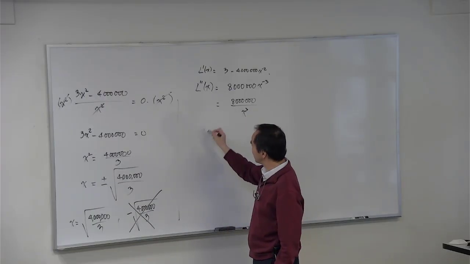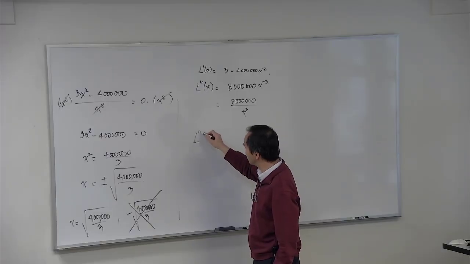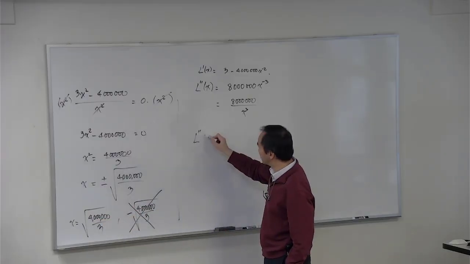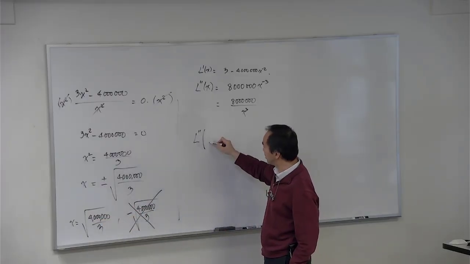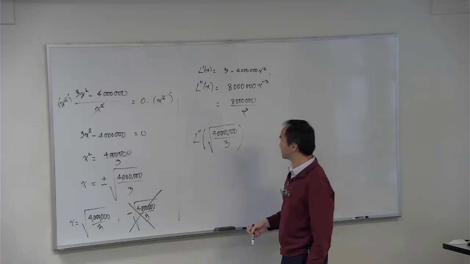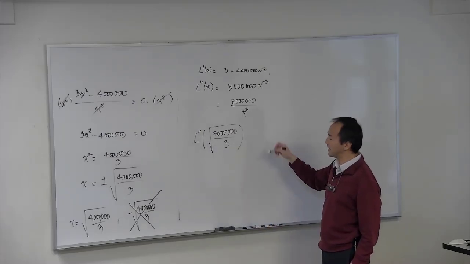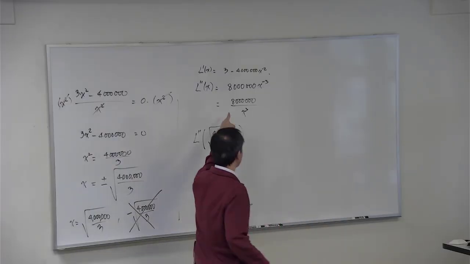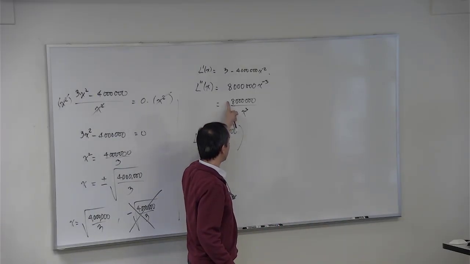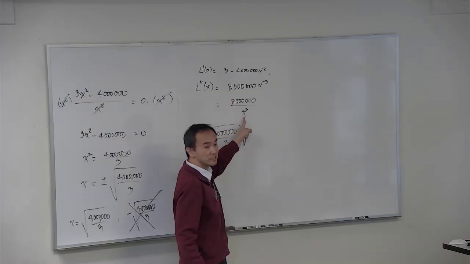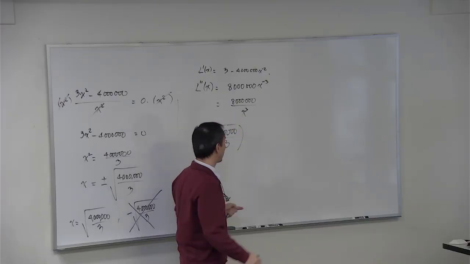So now I'm going to substitute x equals the positive square root of 4 millions over 3 into L double prime like that. So L double prime at square root of 4 millions over 3. Are we getting a positive value or a negative value? It's a positive value, right? Because the expression here for our L double prime is pretty simple to understand. The numerator is already positive, and then substituting a positive value into the denominator should give out a positive value.